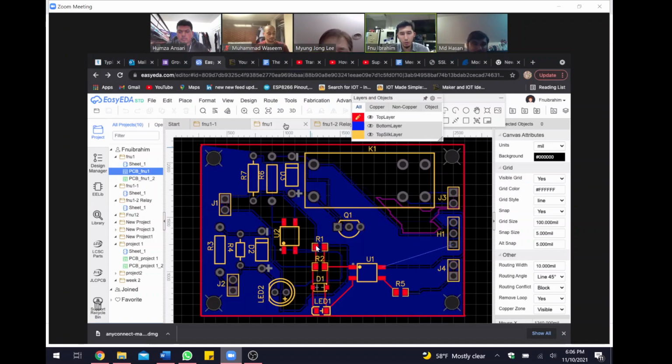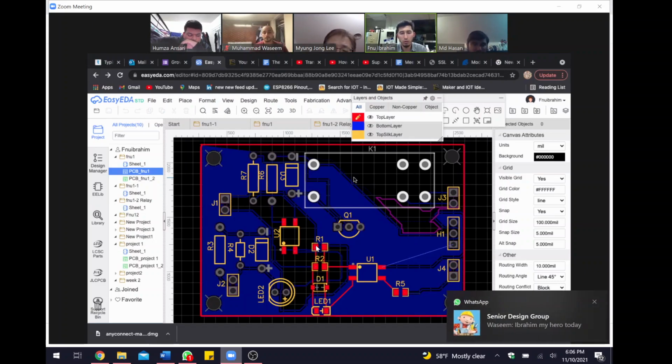The 32-pin ESP32, yep, and also 4 single relays, the lights, I mean the indicators, and also the sensors. I have to put all of them on this board.